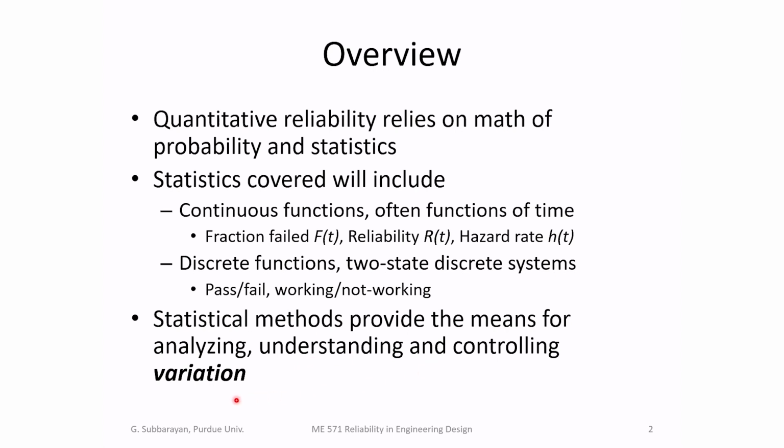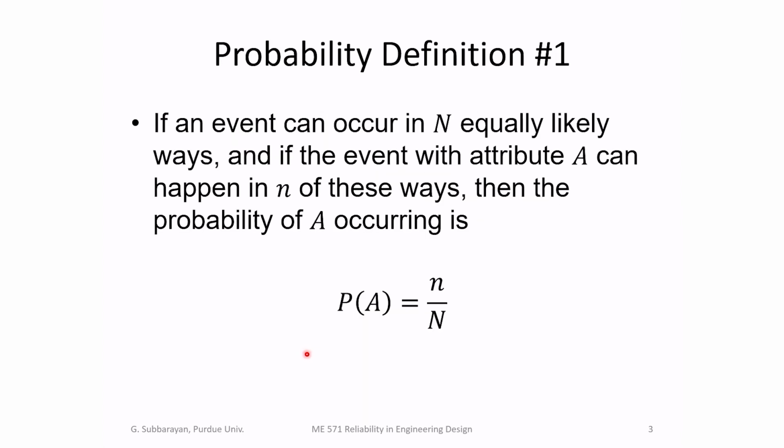As I described in the case study, there are always two aspects to characterizing reliability. One is a statistical aspect, the other is physics of failure, and both have to go hand in hand. One is insufficient by itself, but our focus in this class will be more on the statistical methods, because physics of failure often requires advanced knowledge that will be gained in advanced classes, typically physics-oriented classes.